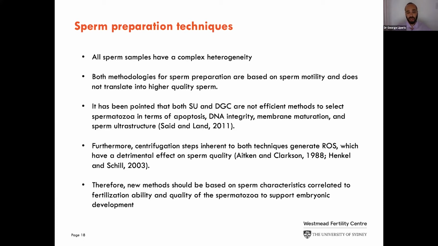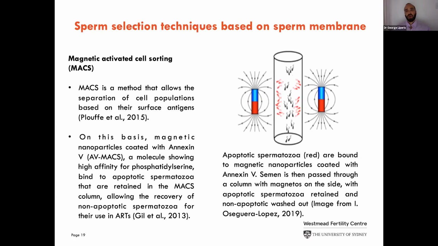Therefore, we should have newer techniques that take into account the sperm characteristics and those correlated to the ability of sperm to fertilize, testing the functionality of the sperm and the quality of the spermatozoa to support further downstream embryonic development. One of these techniques is magnetic activated cell sorting, otherwise known as MACS. This method allows the separation of a cell population based on surface antigens.